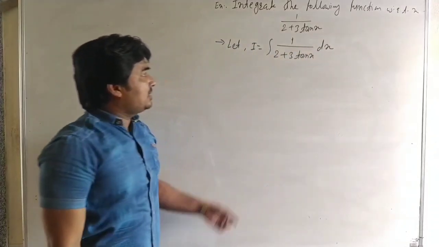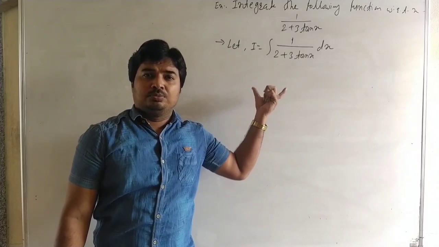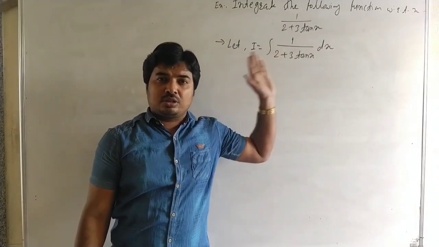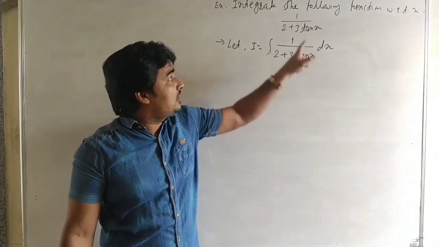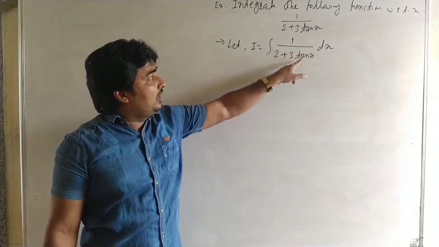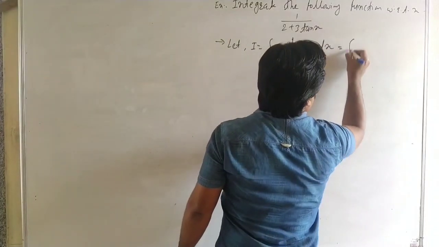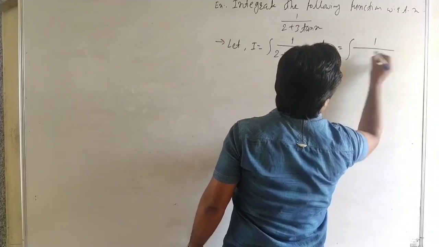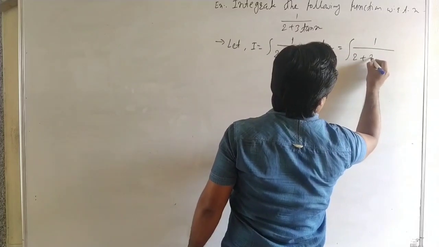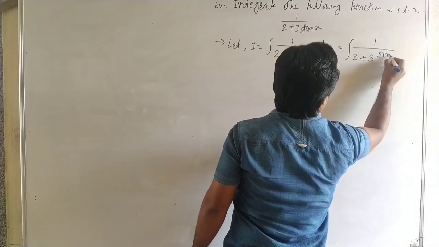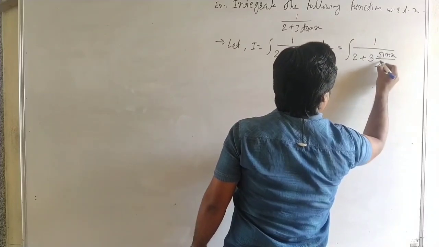Okay, this example is not in our form, that is (a sin x plus b cos x) upon (c sin x plus d cos x). Here it is 1 upon 2 plus 3 tan x.